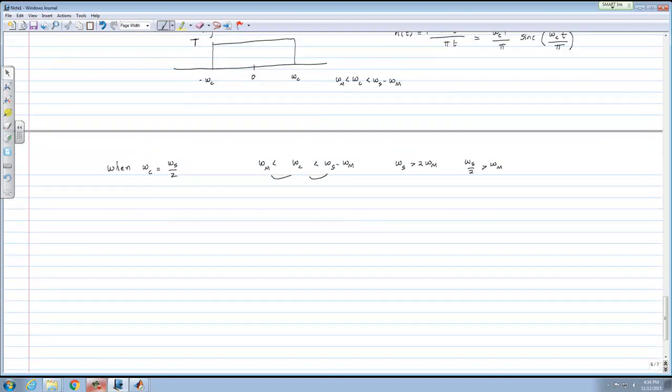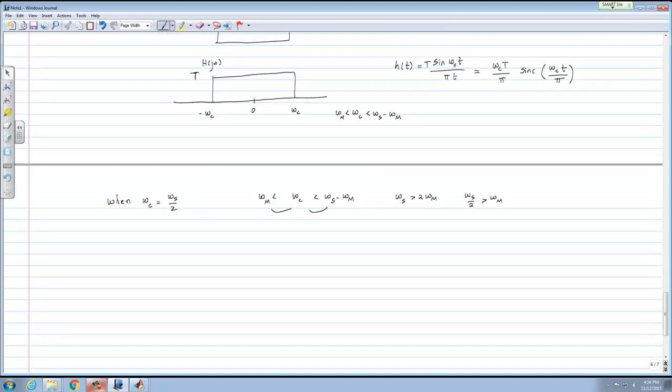Alright, so you will see something nice happening when I plug in omega c is omega s over 2. And remember, what is the relationship between omega s and T? Do you remember what omega s is? 2 pi over T. So omega s over 2 is pi over T. So omega c is pi over T, or equivalently omega c times T is equal to pi.